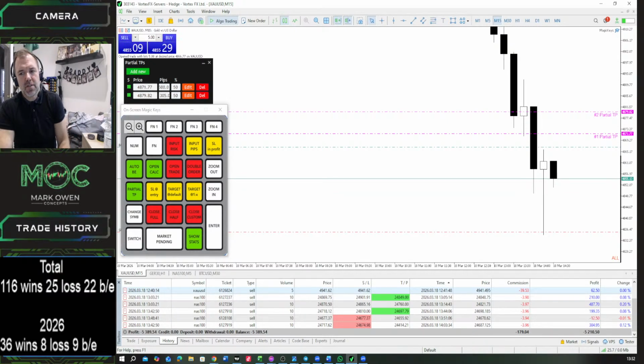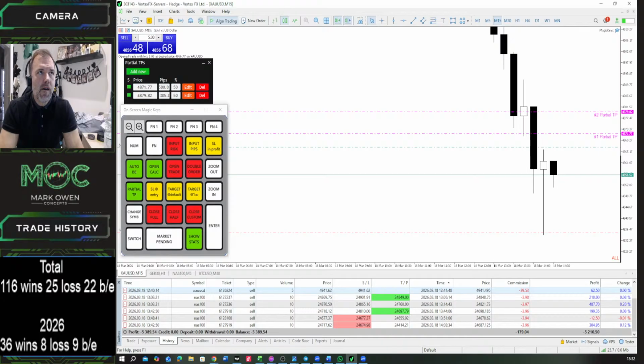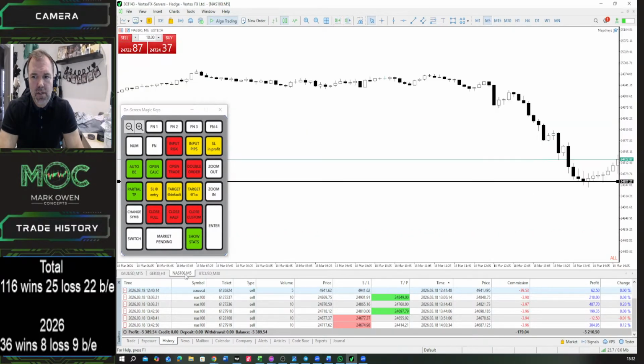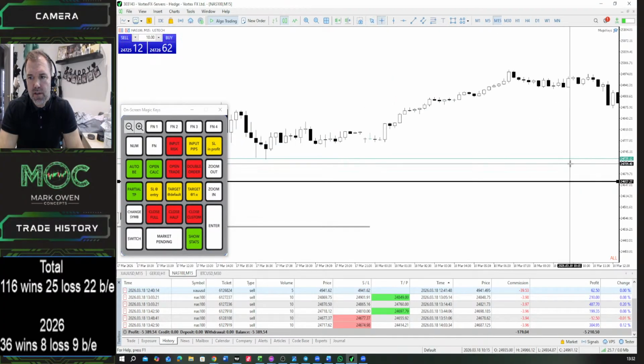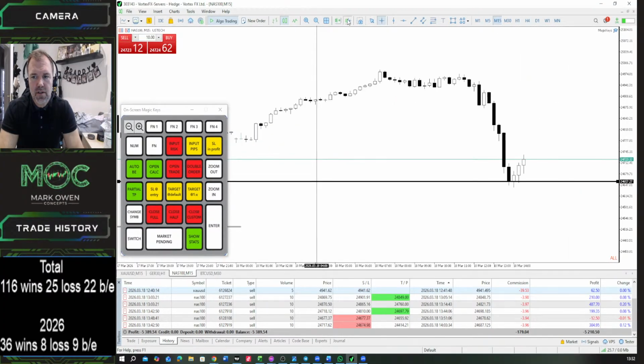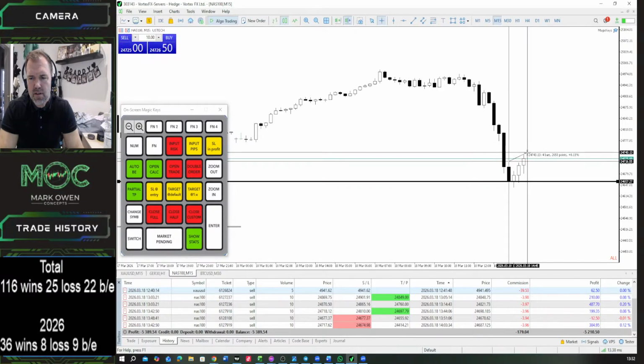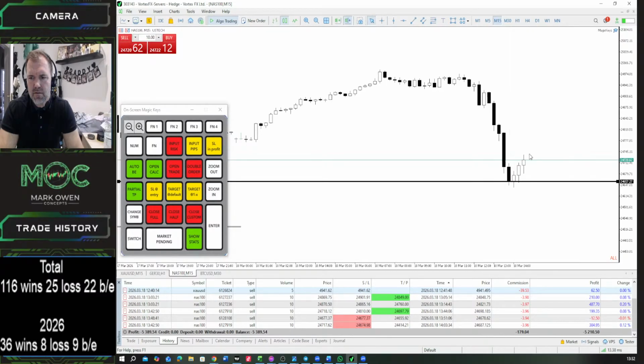So first TP is at 50, second one is 130. NASDAQ should be in profit if you've taken this now, above the highs, somewhere around 20 points, getting up there near TPs.